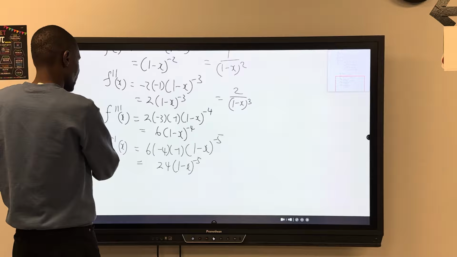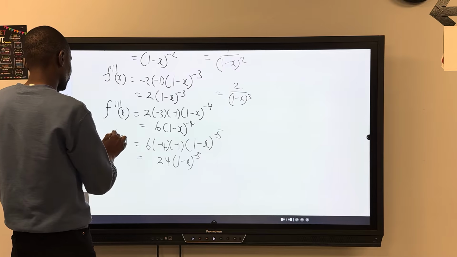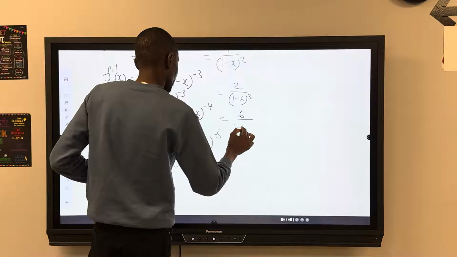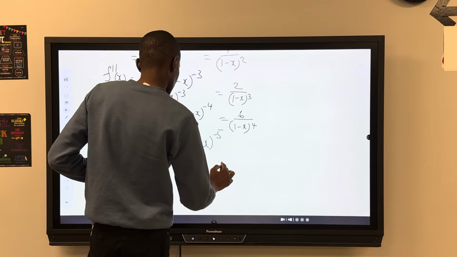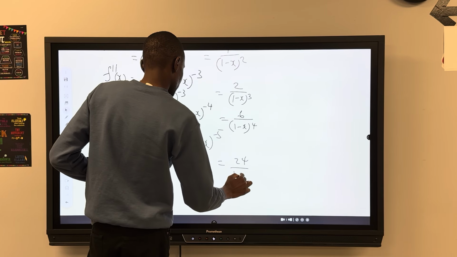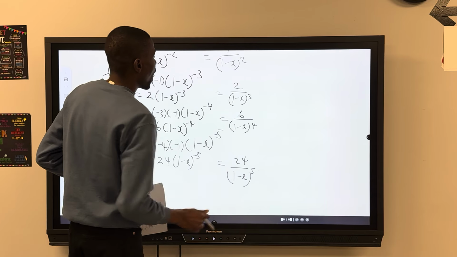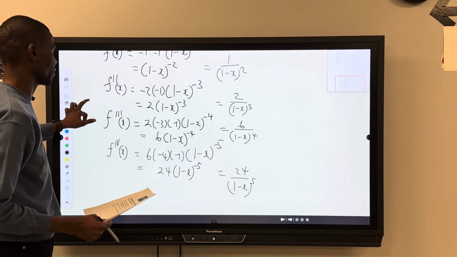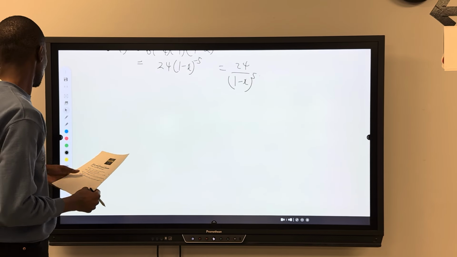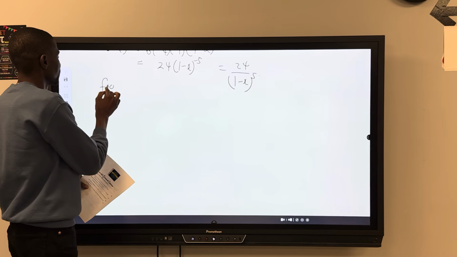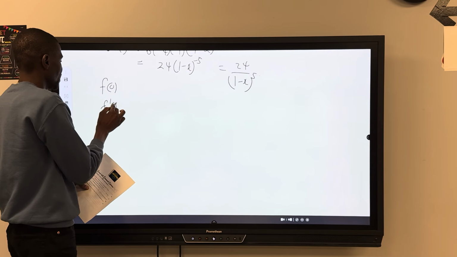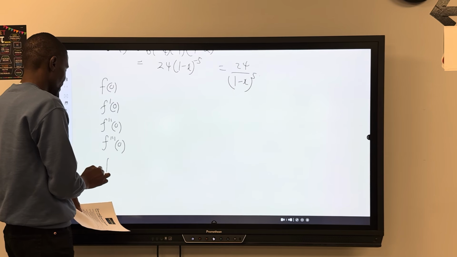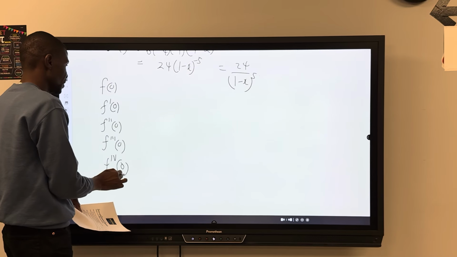And here we can rewrite as 6 over (1 minus x) to the fourth power, and here it's 24 over (1 minus x) to the fifth power. Right, since this is Maclaurin, we also need to evaluate at 0. So we now need to find f of 0, f prime at 0, f double prime at 0, and the last one here at 0.